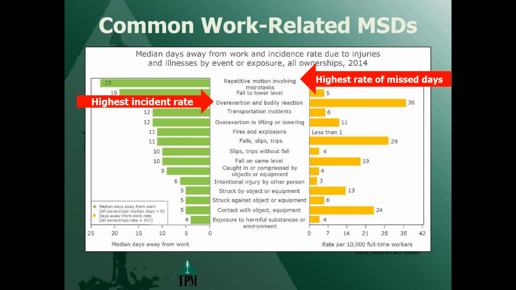But you have the highest number of days away, and the highest incident rate, from overexertion. So repetitive motion is a big chunk of it, doing things over and over and over again. But then you also see a big driver in that somebody is lifting something maybe they shouldn't have, a little too heavy, should have got some help.